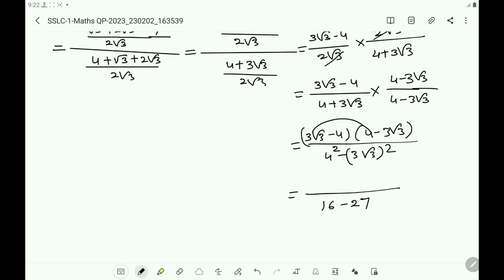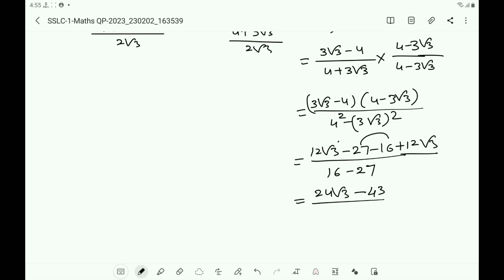Then 3 root 3 into 4 is 12 root 3. 3 root 3 into 3 root 3 is 9 into 3, that is minus 27. Minus 4 into 4 is minus 16. Minus 4 into minus 3 root 3 is plus 12 root 3, since 4 into 3 is 12.